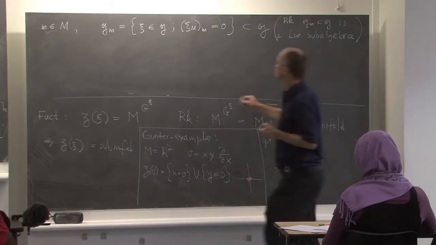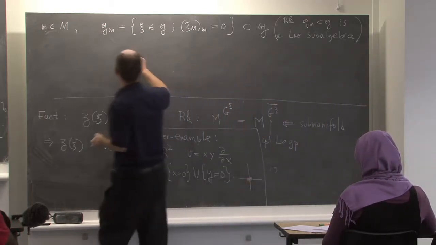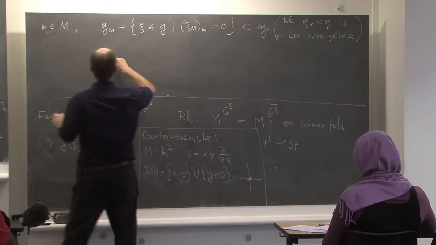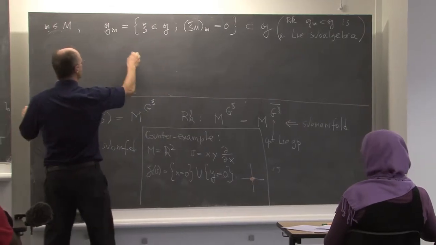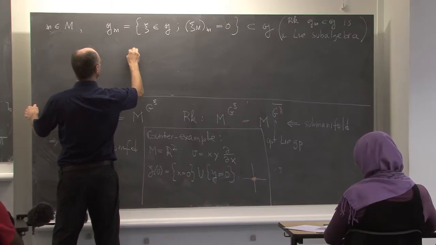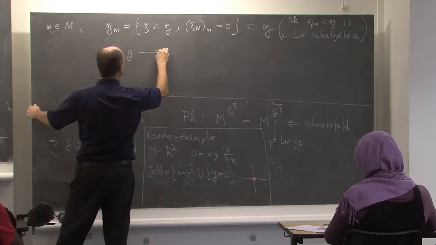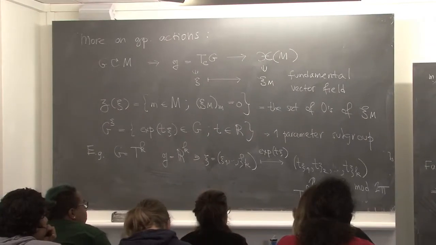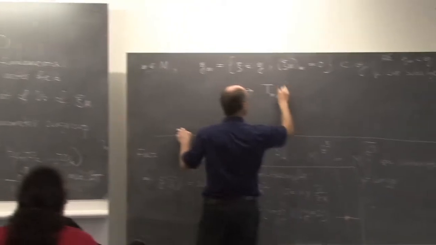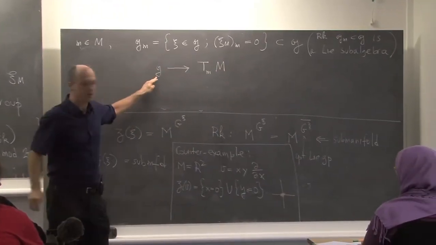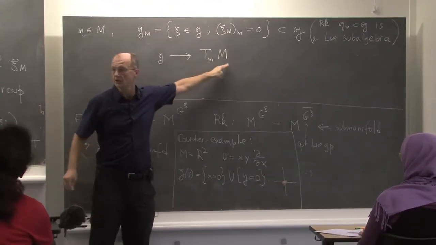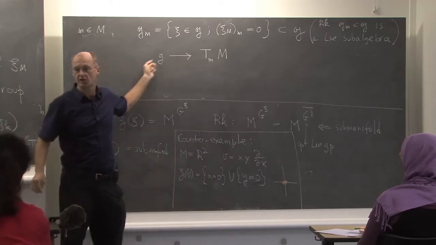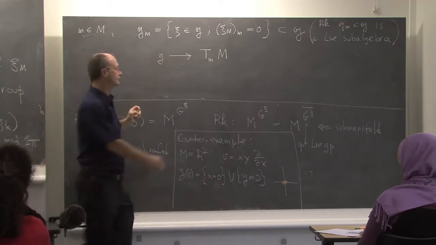So let me recall a little bit of geometry here. We have a map from g, we said, to vector fields, and in fact we induce those maps from the maps from g to tangent spaces, right? To each tangent space, we have a map from g.